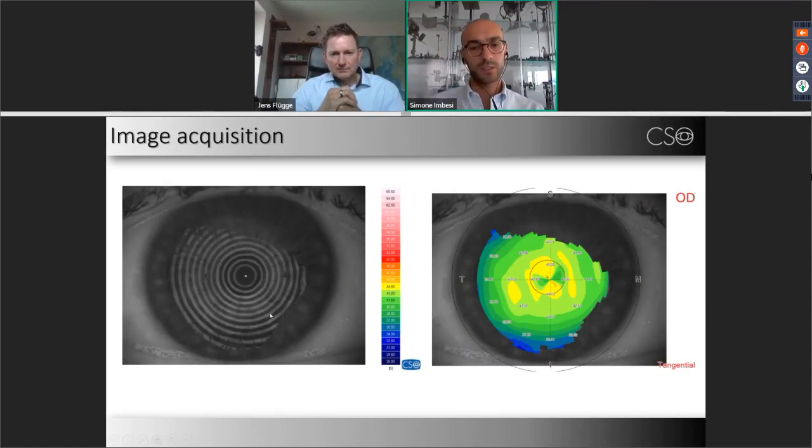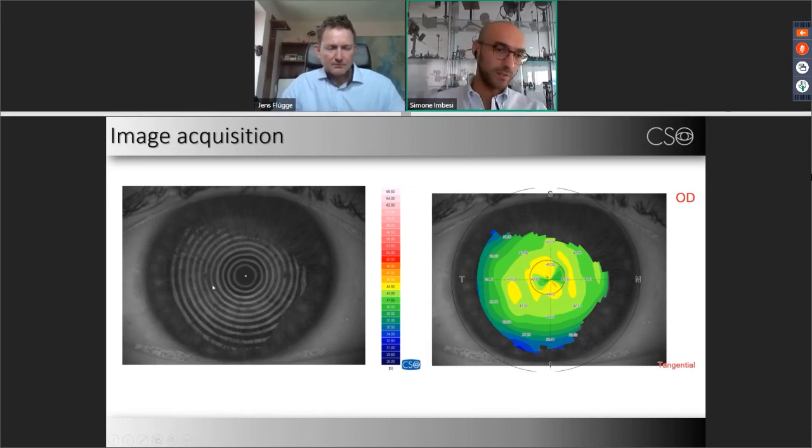Another important thing that you have to pay attention to, and I heard it before in the question, is a hot theme. It is the tear film. The tear film, talking about keratoscopy, let me say, is even more important with respect to aberrometry, because here, pay attention to the central part.